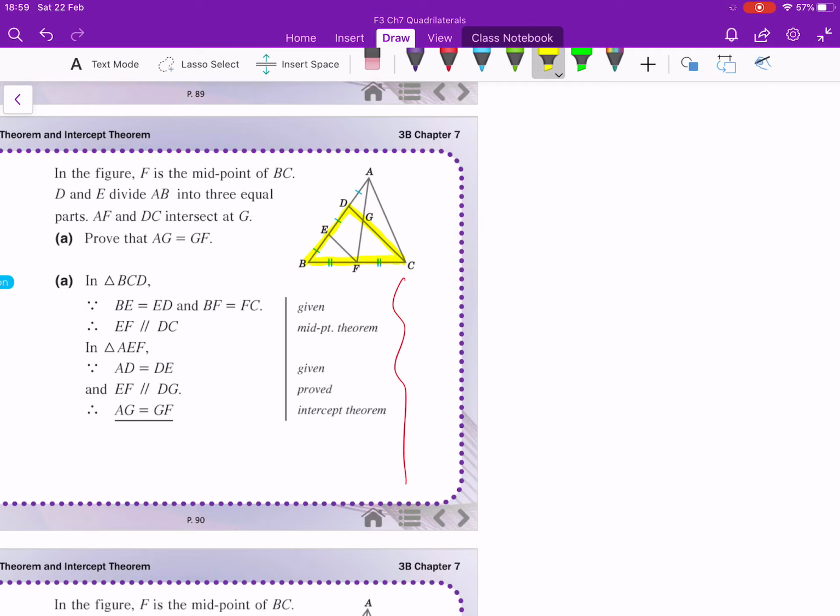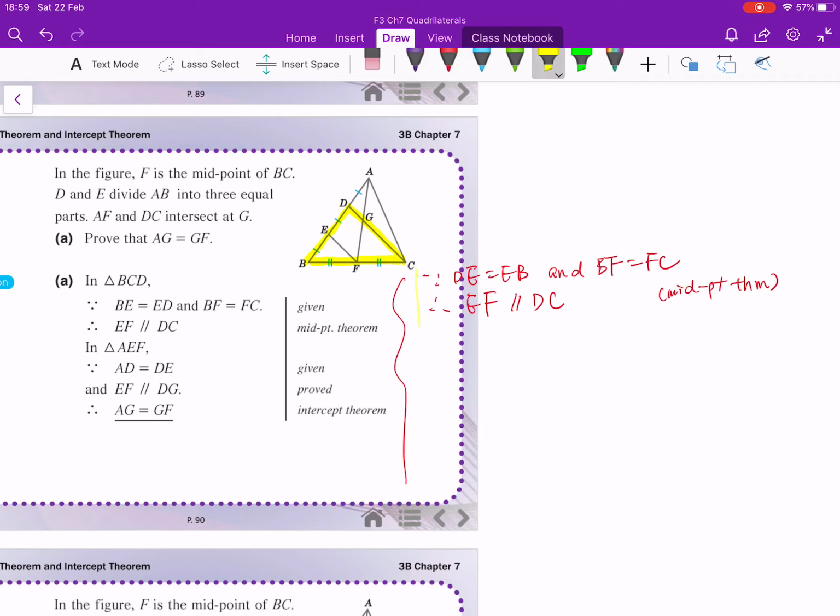In this triangle, E and F are midpoints, so maybe we can use the midpoint theorem. Since DE equals EB and BF equals FC, don't be lazy, write down all reasons. Therefore, we have EF parallel to DC. This is the midpoint theorem.